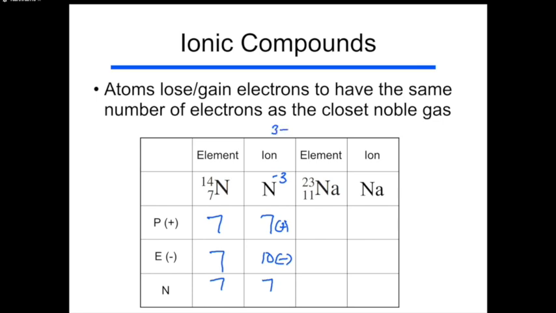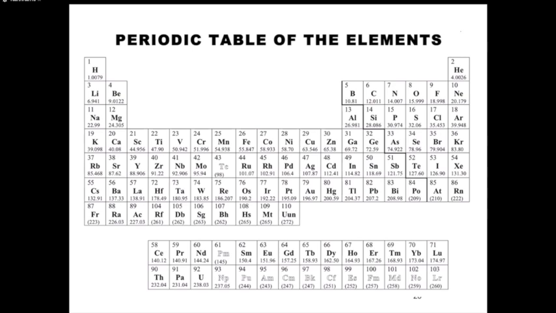That's okay. If I take a look at the element sodium, the element itself has 11 protons. It is neutral, so that means it has to have 11 electrons, and it has 12 neutrons. When it reacts chemically, I do not change the protons, I do not change the neutrons, but I do change the electrons. Sodium is 11. I could go all the way up to argon, number 18, or I could go to neon, 10.